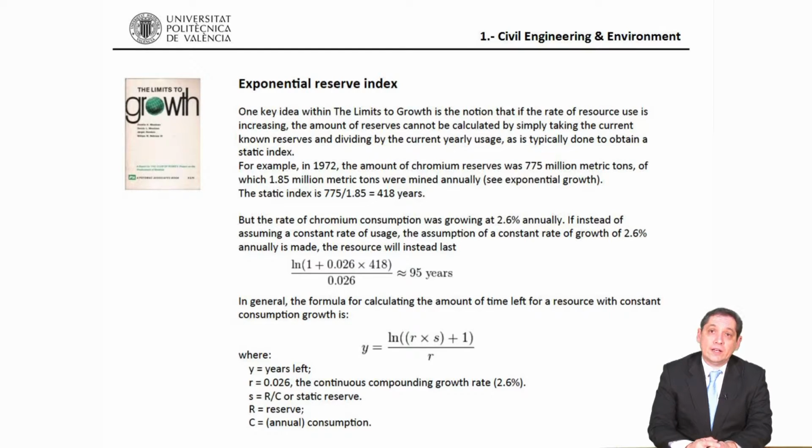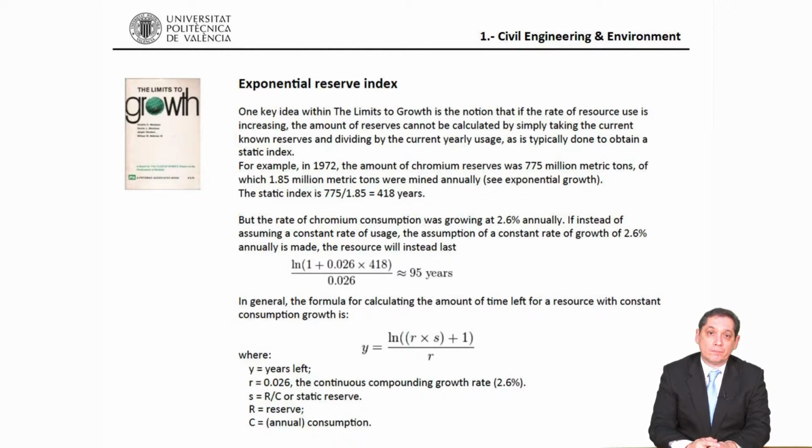One key idea of The Limits to Growth is the notion that if the rate of a natural resource use is increasing, the amount of reserves cannot be calculated by simply taking the current known reserves and dividing by the current yearly usage, as is typically done to obtain a static index.